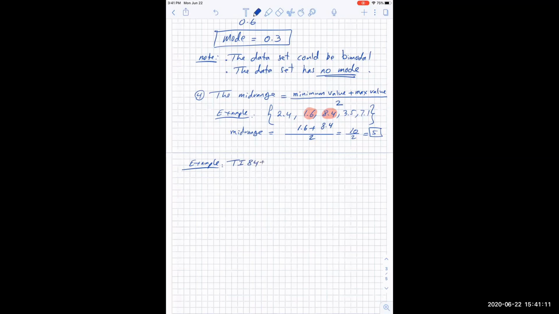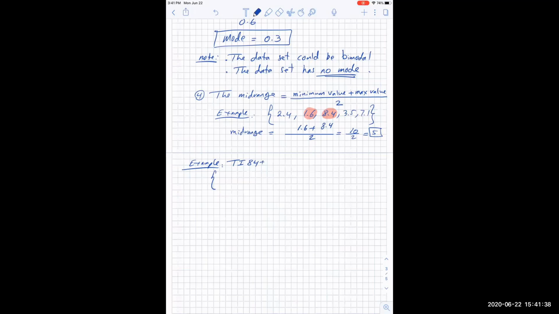The TI-84 Plus can be used to find these measures: the mean, the median, and the mid-range. I want to show you how to use your calculator.